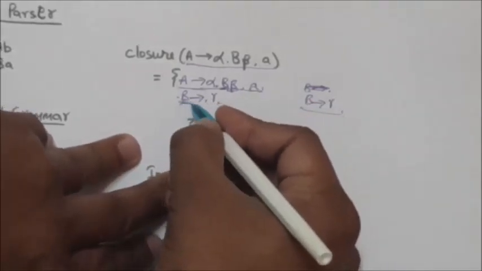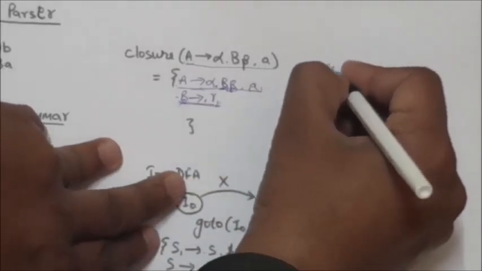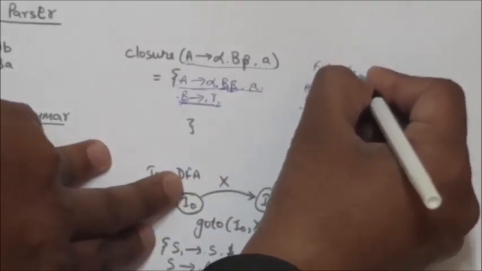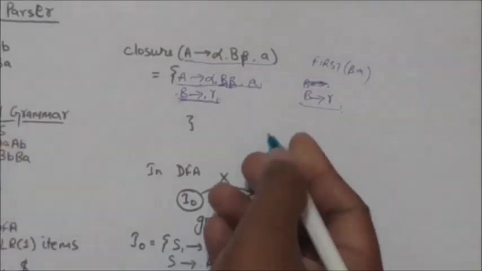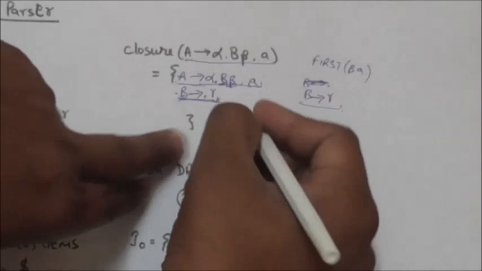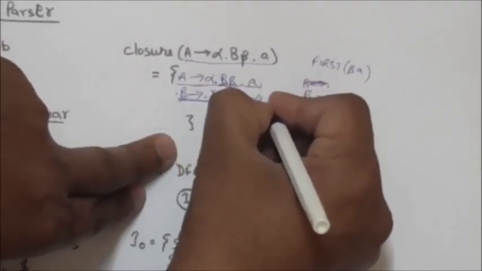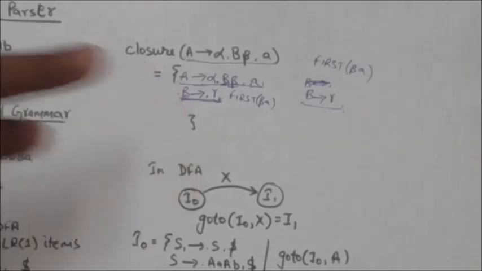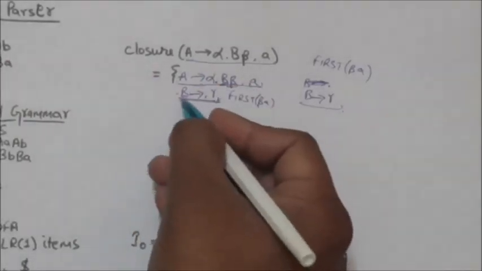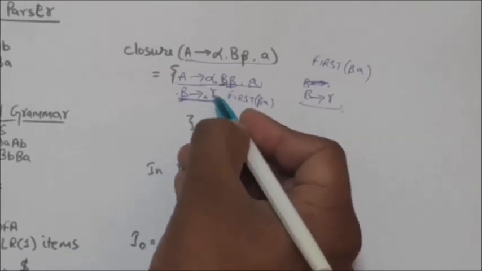So the look ahead symbol of this item will be first of beta A, right? Look ahead symbol of this item will be first of beta A, right? So here again what we need to do, again we have to check the position of dot, right?